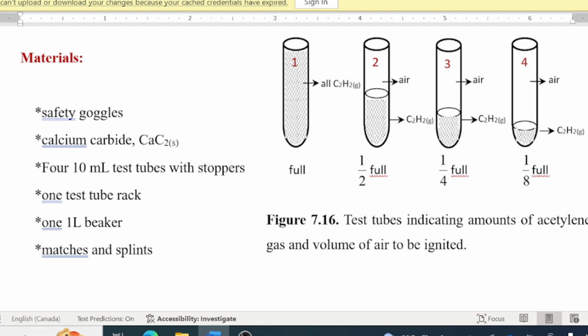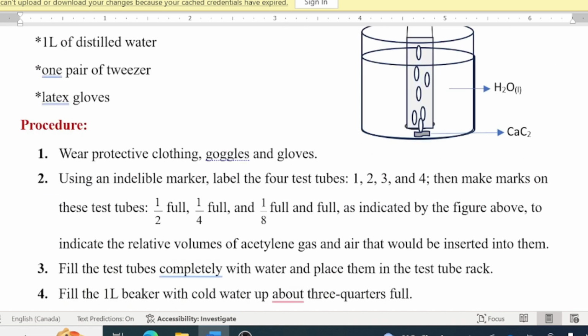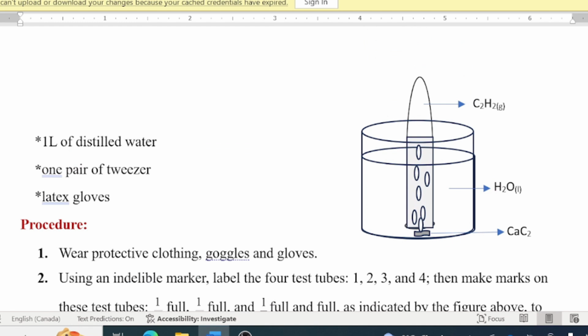So what we'll do first of all, we'll fill these test tubes with water and place them in the rack. Then, using your protective goggles and gloves, we'll put our thumb over one of the test tubes and invert it into this beaker here that has water inside. Start with a full test tube of water.